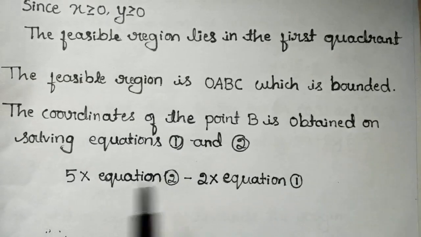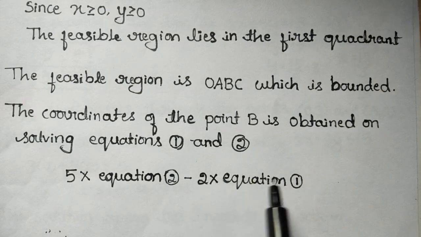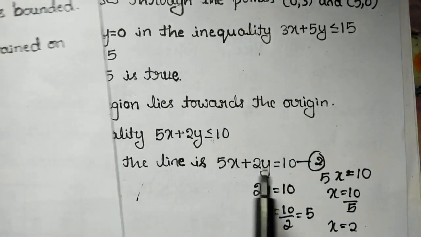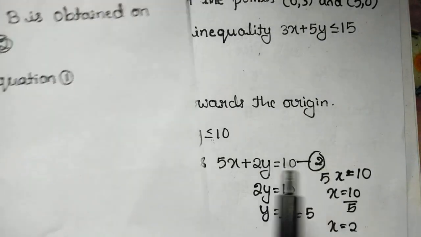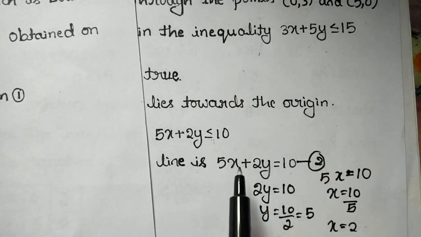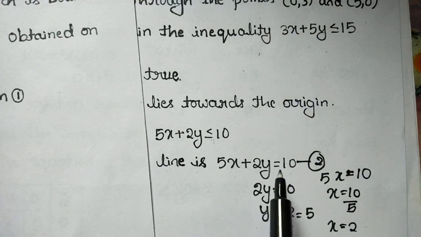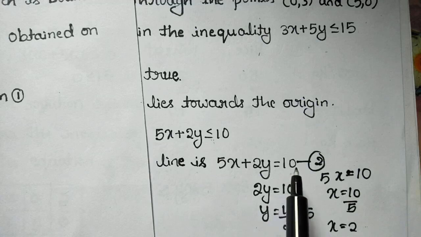Observe here, multiplying 5 to equation 2 and 2 to equation 1. Equation 2 is 5x plus 2y is equal to 10. Multiplying 5 to this gives 5 into 5, 25x, plus 2 into 5, 10y, is equal to 10 into 5, 50.